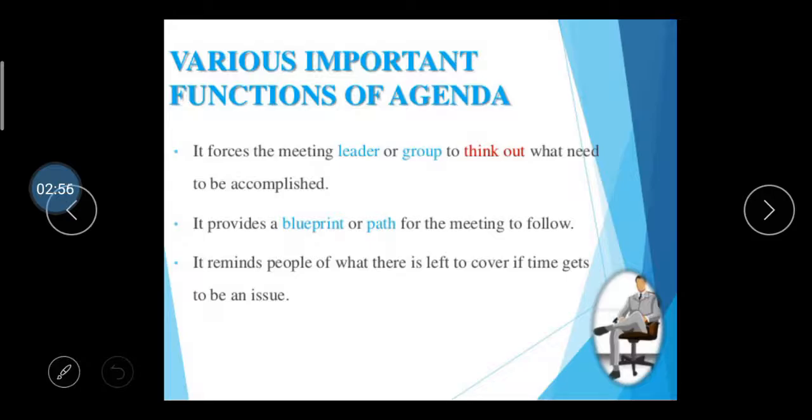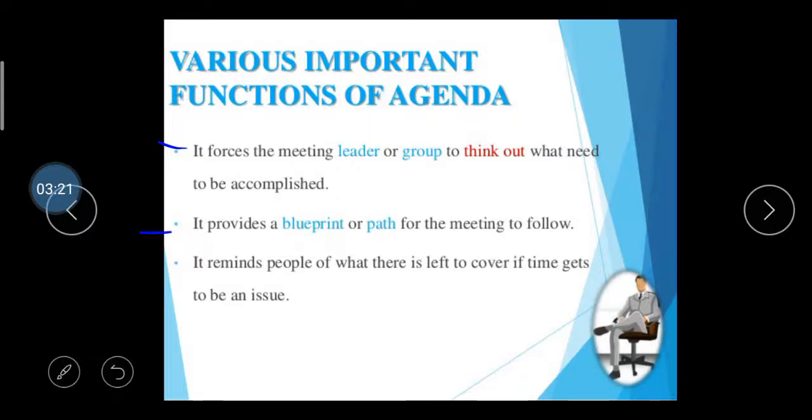Then, the important functions of the agenda. What are the functions of an agenda? First of all, it forces the meeting leader or group to think about what needs to be accomplished. It creates leadership and group thinking, so the leader and group get an idea of which topics to consider in the meeting.